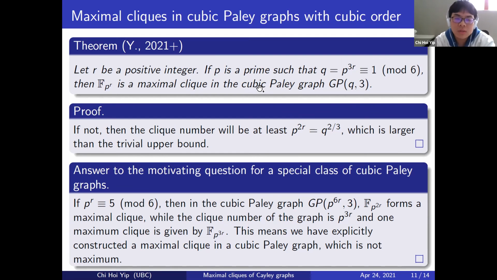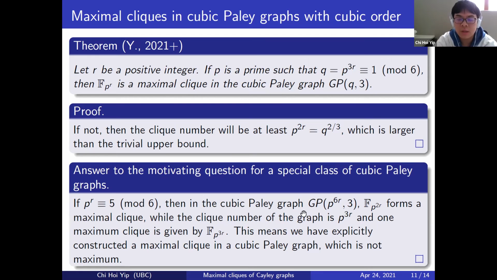Based on this theorem, we can try to partially answer the motivating question for cubic Cayley graphs. So we can consider a special class of cubic Paley graphs, where we assume that p^{3r} is congruent to 5 modulo 6.